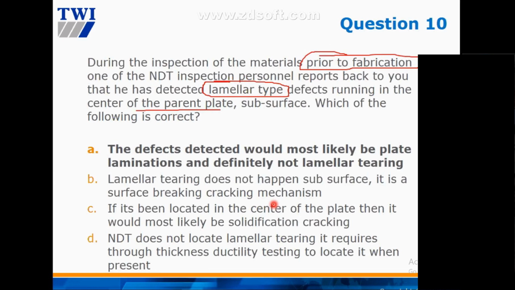You didn't get hydrogen, you don't have solidification, you don't have lamellar tearing, because that's prior, before welding. And also this one is talking about the plate. All right, so this statement about lamellar tearing is wrong, because it's parent plate and before welding. So the best answer goes to A. This is a very straightforward question. I don't think it is difficult for any of you to answer. Yeah. All right.